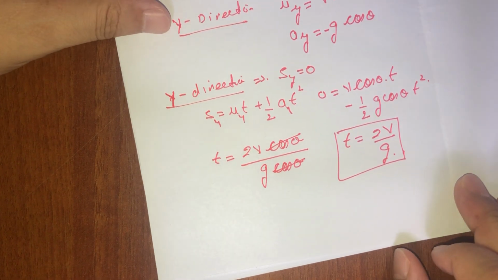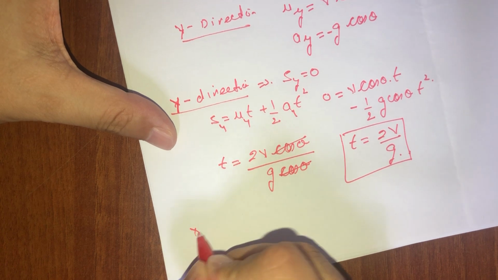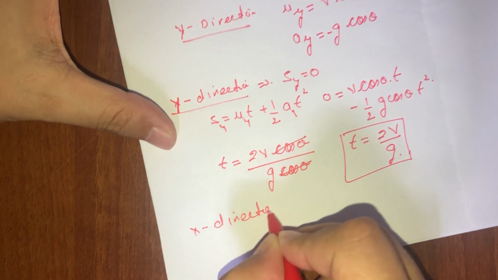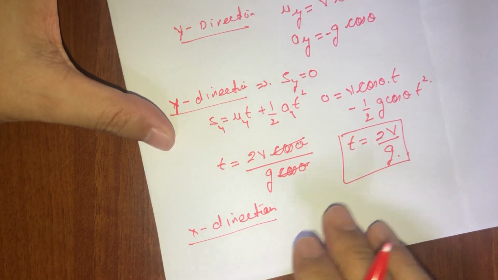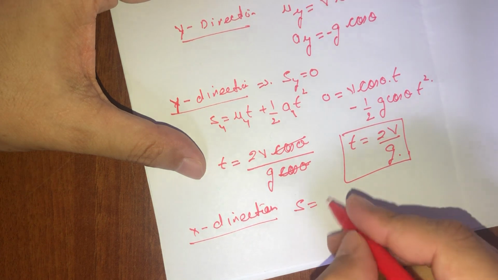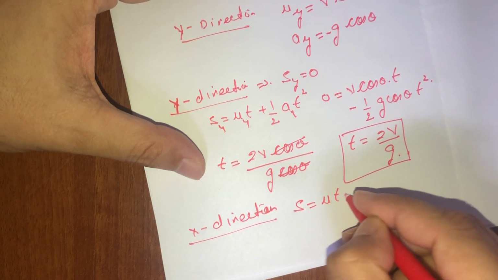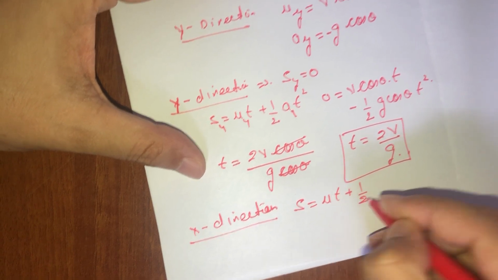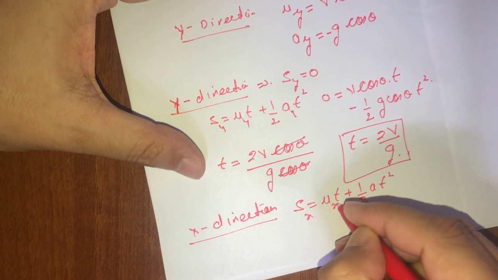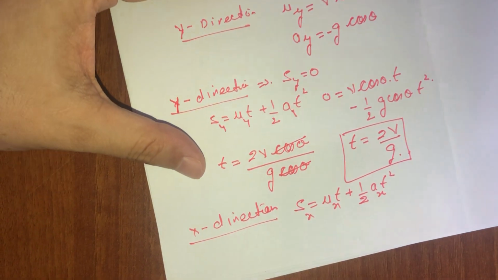Now in x direction, we are going to use same formula. S is equal to ut plus half at square. In x we are going to put simply as x.